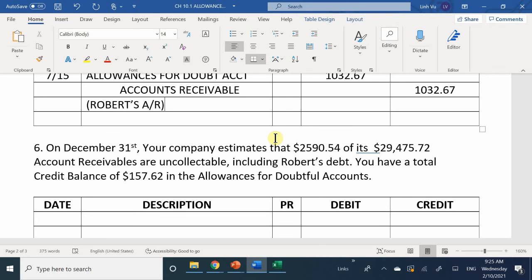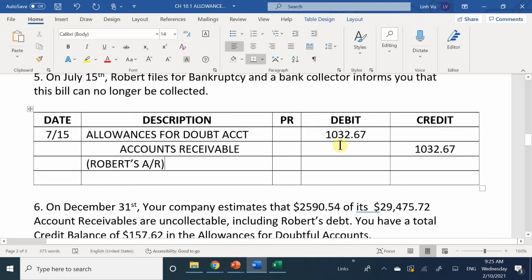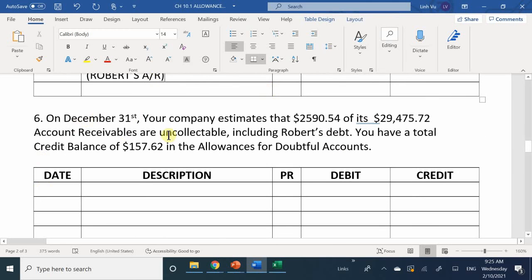Okay? So this number is based on your whole entire group, okay? So in this case, the 1,032.67 is included in this pile right here because again, your allowance for doubtful accounts doesn't just hold Robert's account; it holds other people's accounts as well.